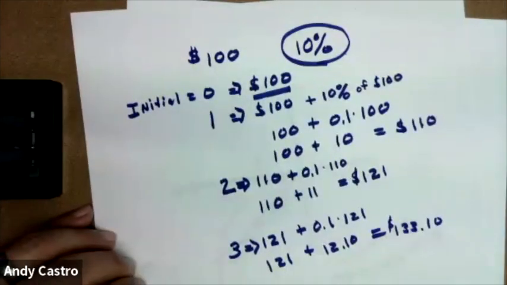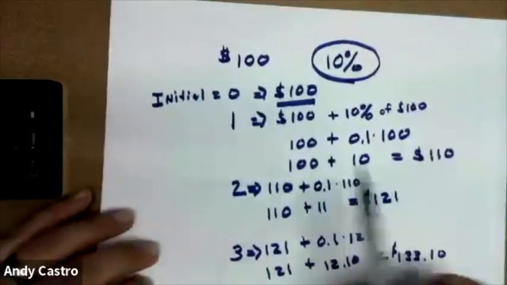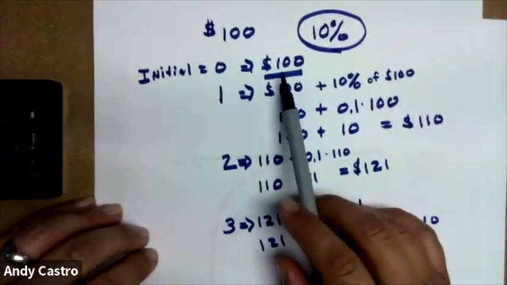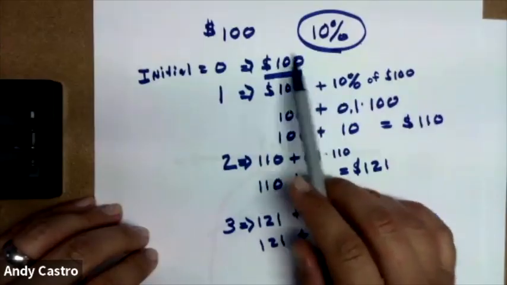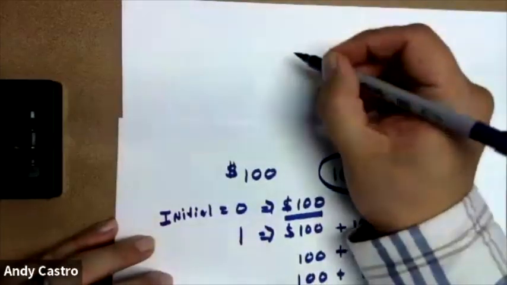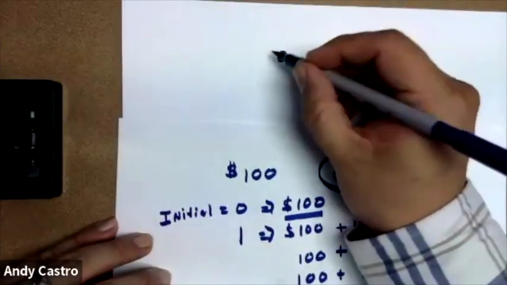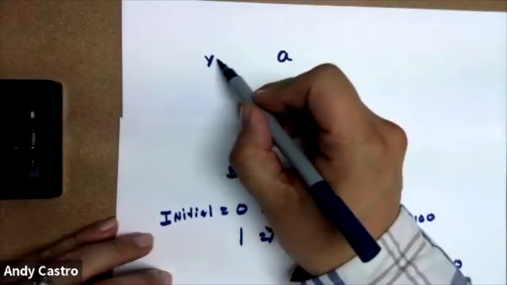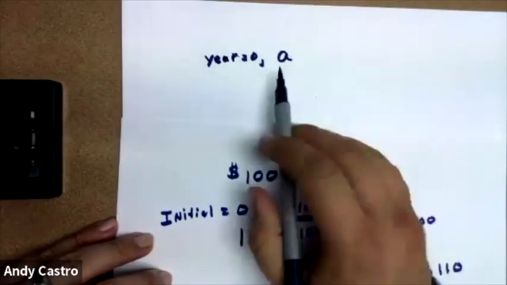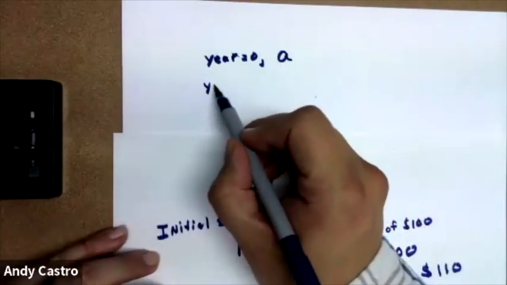So let's do some generalizing. What I mean by that is our initial investment, we're going to say, hey, that's just A. And that's going to be for year 0. That's just A. Now let's go to year 1.